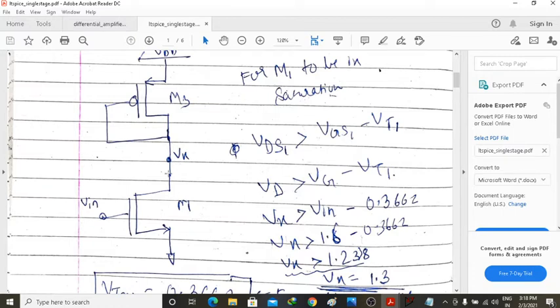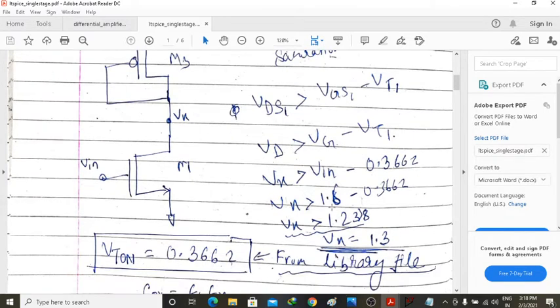So for this M1 to be saturated, I assume that you know this very well, that VDS1 should be greater than VGS1 minus VT1. Okay, so source is grounded, so VD should be greater than VG minus VT1. So ultimately VX should be greater than VIN minus 0.366. And what is the ICMR plus value? What is the maximum input voltage?